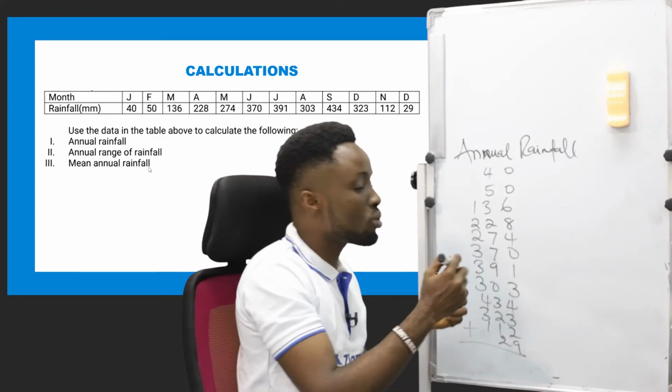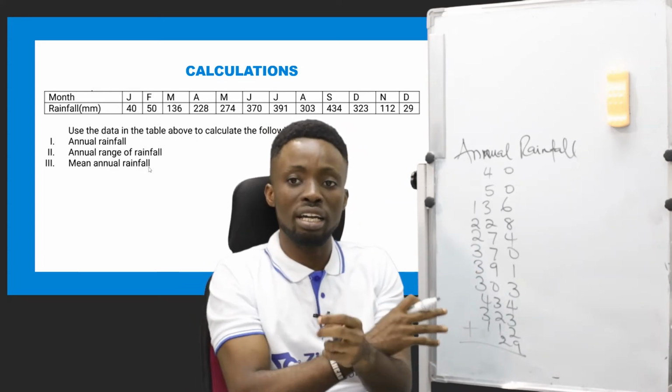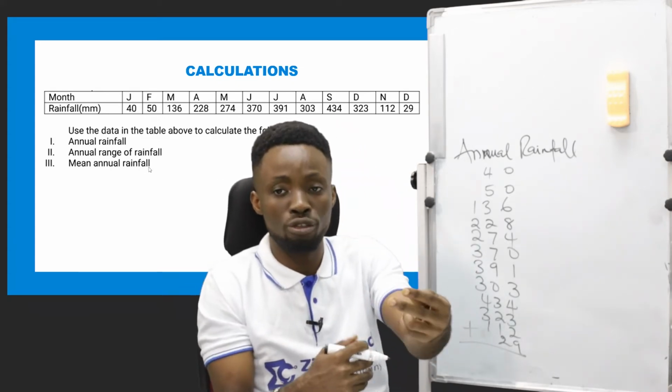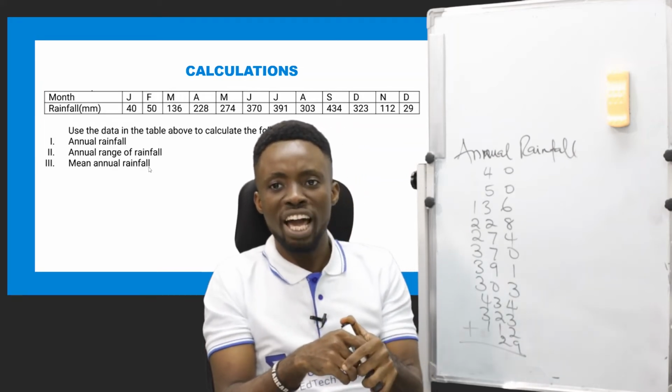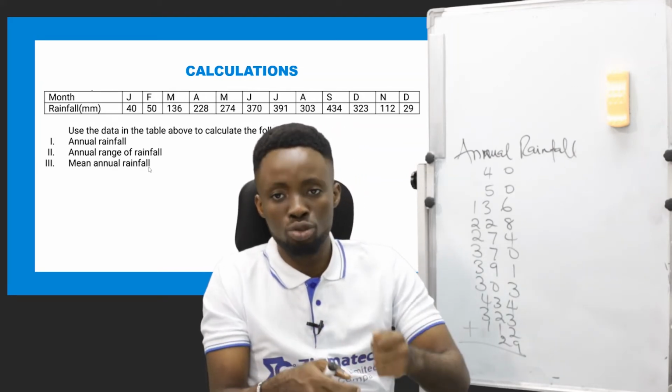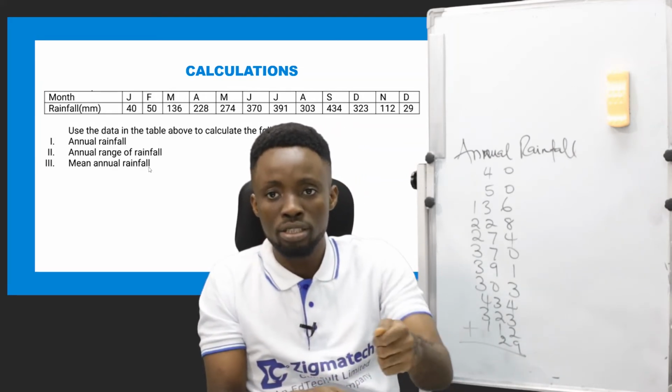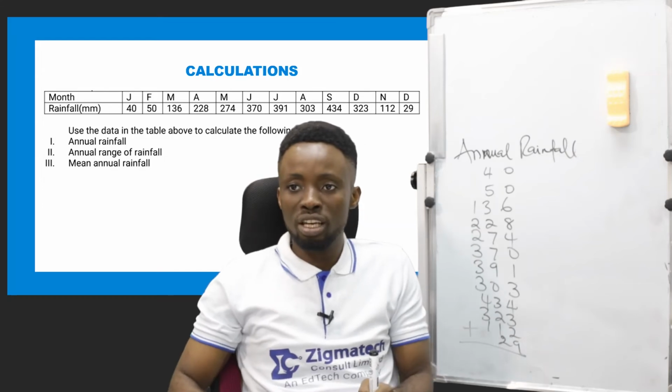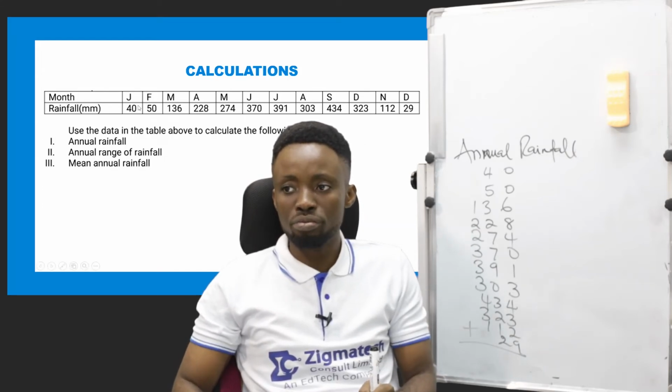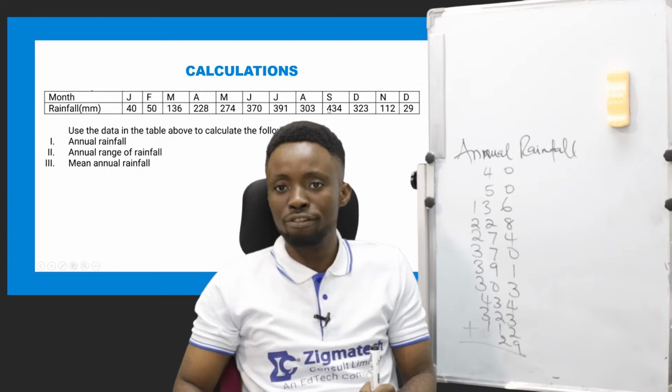But if they say number 2, it says calculate the annual range of rainfall. Range means the highest minus what? The lowest. So if you look at the table, the highest rainfall is in the month of what? September, which is 434 what? Millimeters.